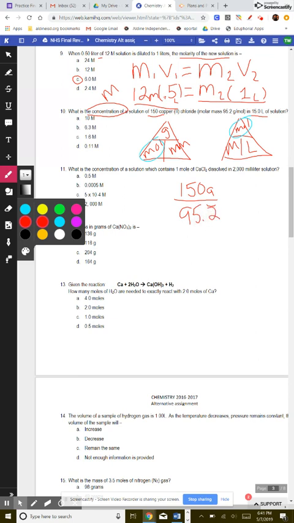Okay, that's going to give me moles. Okay, so do that in my calculator. I get 150 divided by 95.2. That gives me 1.57 as my mole.